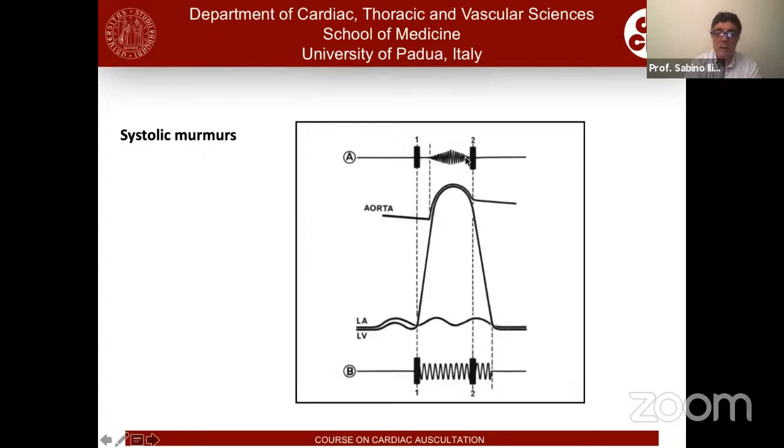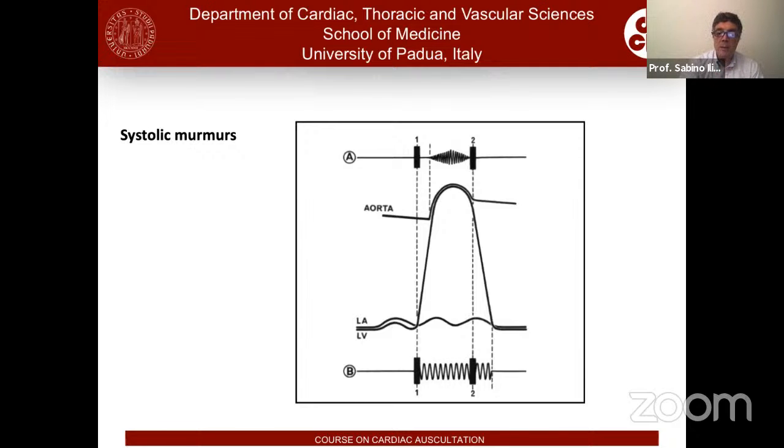So aortic stenosis and mitral regurgitation are systolic events. In the first instance, the murmur is created by the narrowing of the aortic valve during the ejection phase, and this is why the murmur is named ejection murmur.